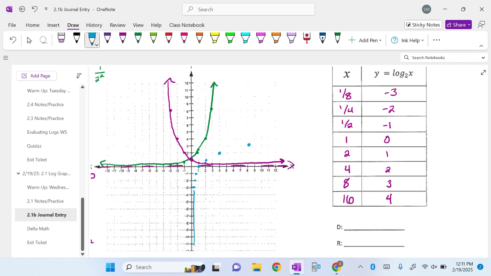So it would look something like this. So my blue is my log graph.